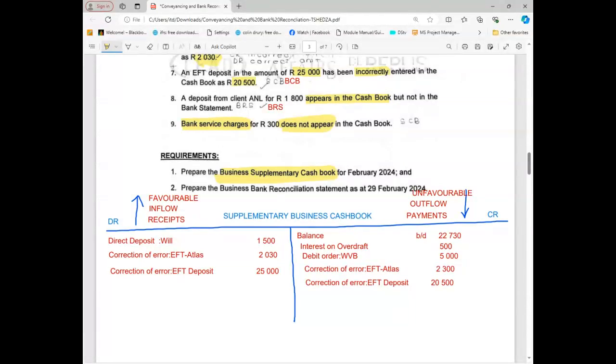Which side of the cash book will I put the bank charges? Because this was not recorded in the cash book, bank service charges, it's an outflow. It goes on the credit side. Perfect.